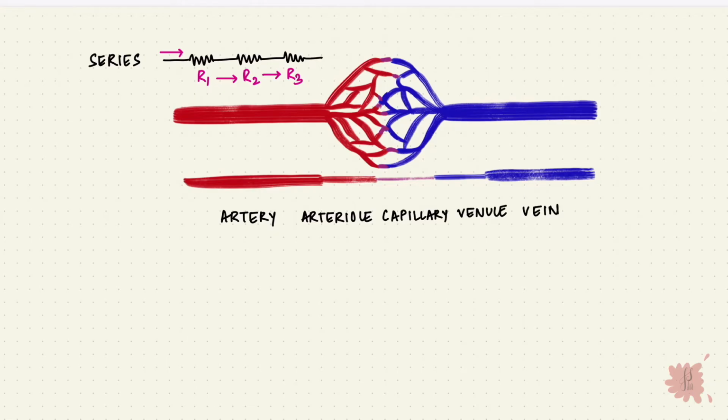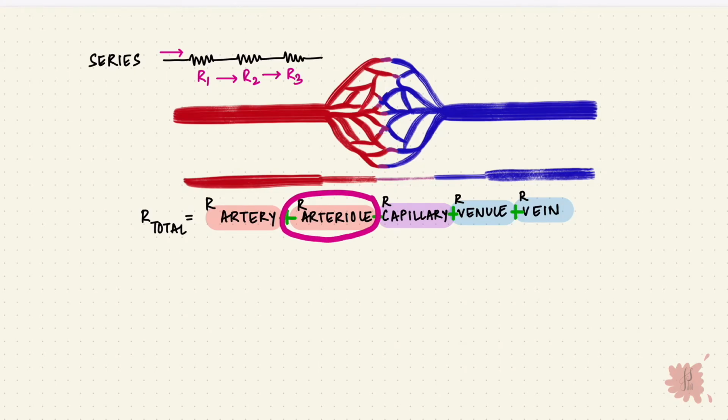So overall, the blood that goes through the arteries has no choice but to go through the arterioles, then the capillaries, the venules, and the veins. So basically, all the blood has to go through one vessel after another. So we can get the total resistance by adding them up. And remember that the highest resistance is offered by the arterioles.